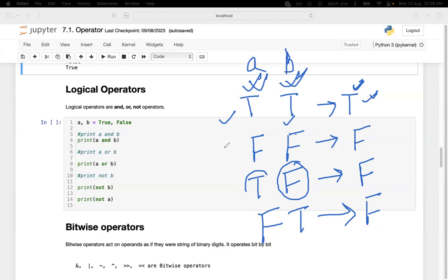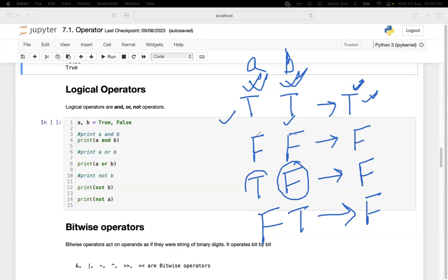It will give you a true value only when all the values are true. It will not give you true when any one value is false. It will give you false if any one value is false. That's why here I am getting true.